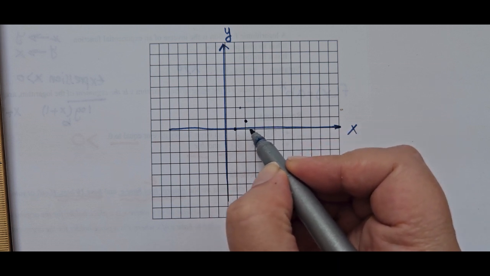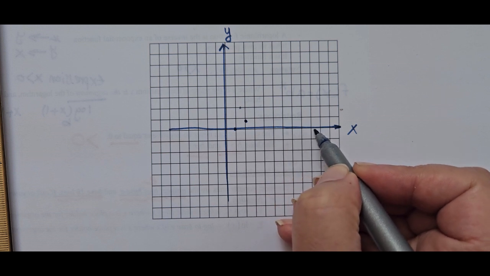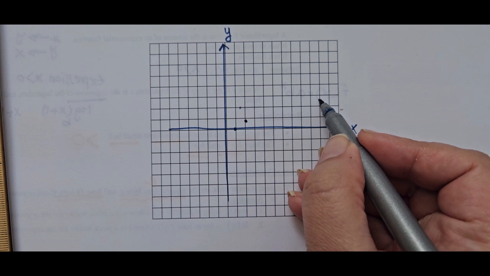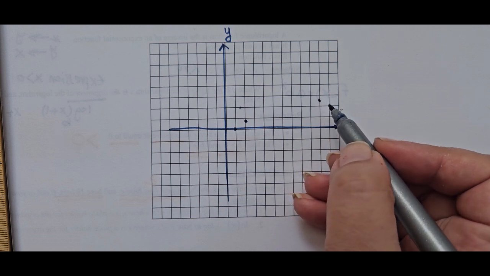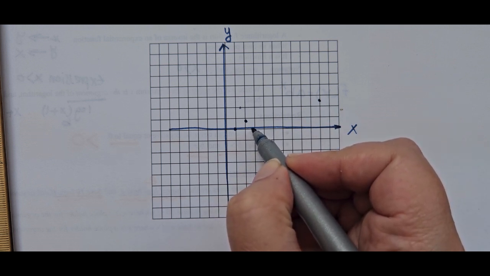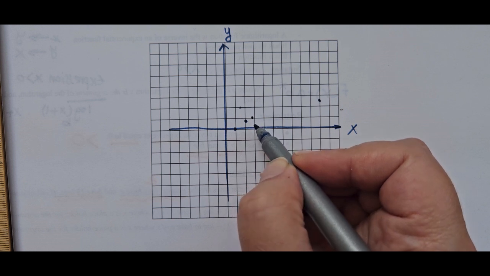Now 10: 6, 7, 8, 9, 10, and 2.3, which is somewhere around here. The other one is e, which is almost 2.7, right? e and 1, so that would be around here.